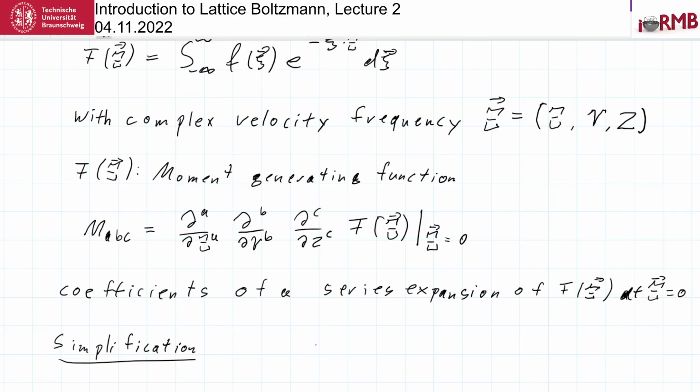Now, just for remembering, this is our velocity vector: xi, upsilon, and zeta.